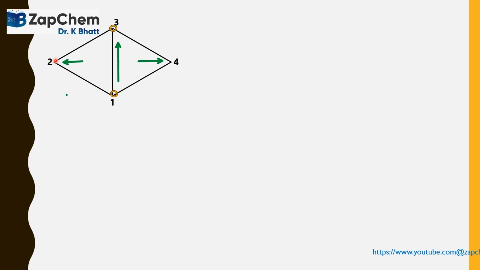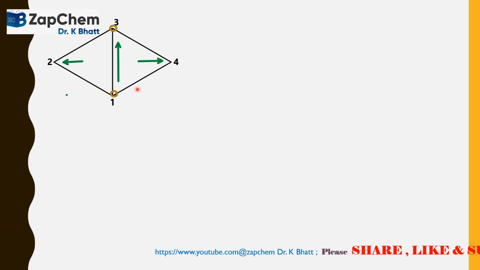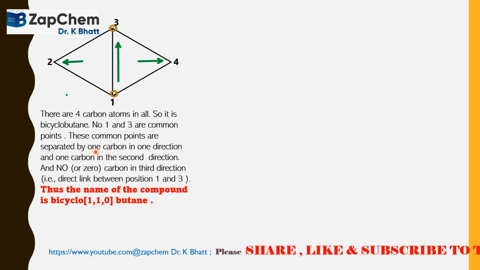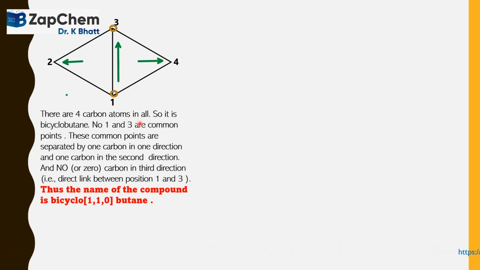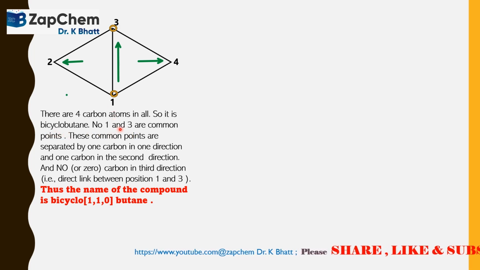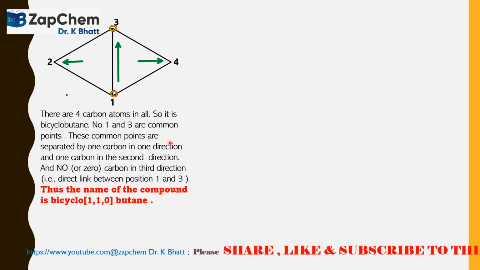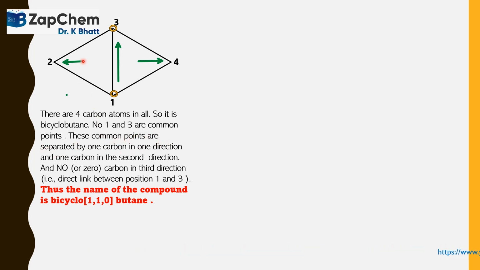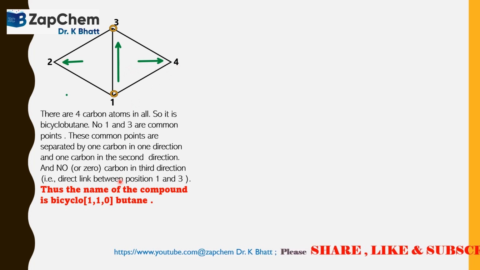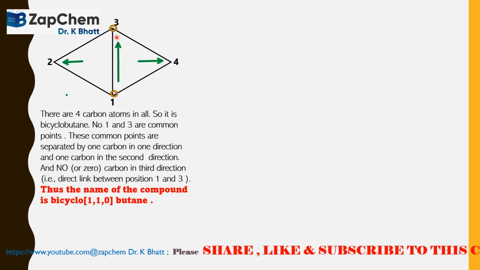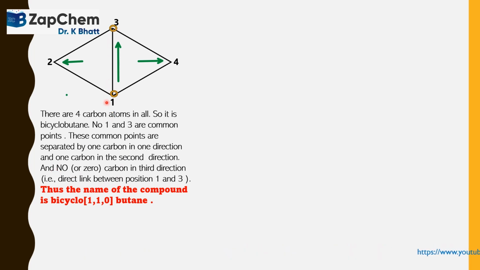Since there are 4 carbon atoms, it is a butane. And here are the details. There are 4 carbon atoms in all, so bicyclobutane. Number 1 and 3 are the common points. These common points are separated by one carbon atom on one side, one carbon atom on the other side, and no carbon atom in the third side.